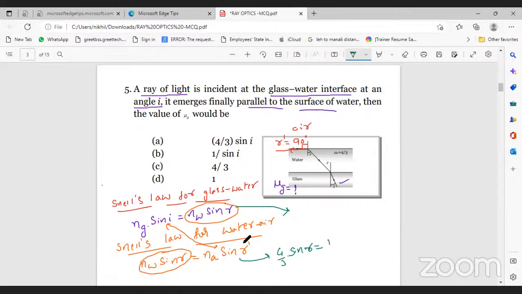What is R dash equal to? 90, no? Yes, sir. The sin 90 is 1, sir. So sin R value will be equal to 3/4. Yes, sir. So this is sin R value.